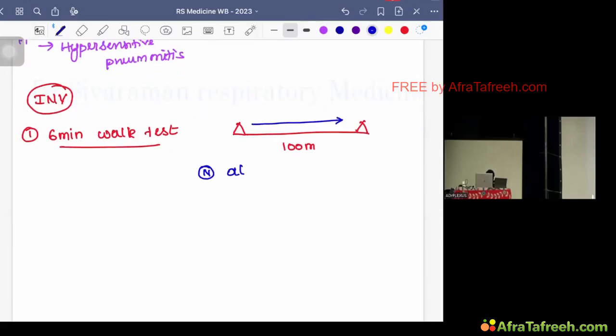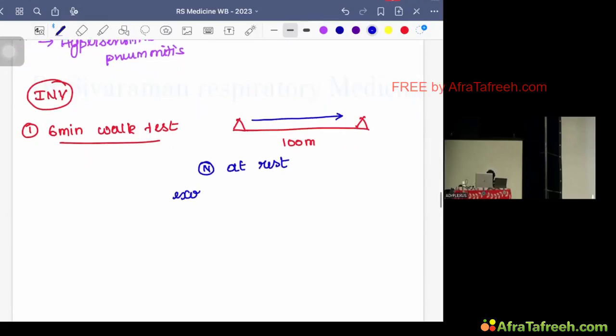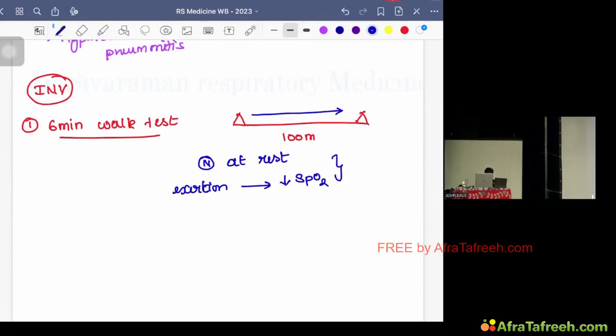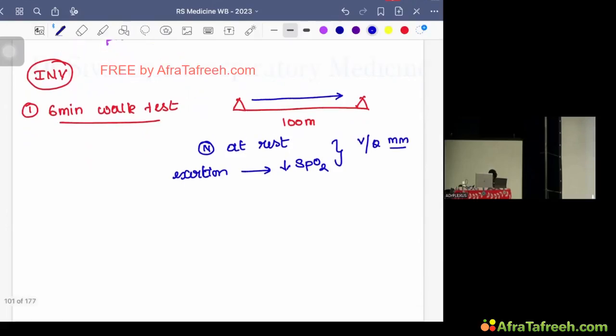He is normal at rest, but on exertion he starts desaturating, because while walking there is going to be VQ mismatch, which causes desaturation.